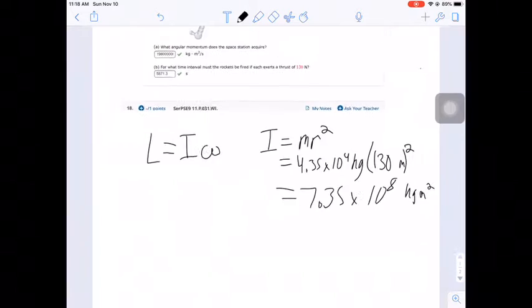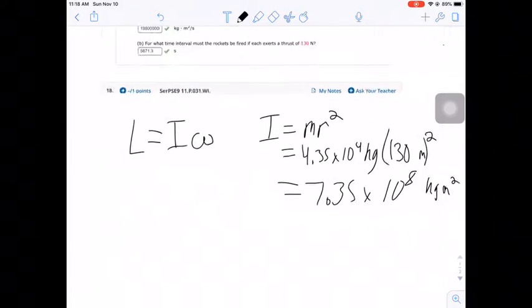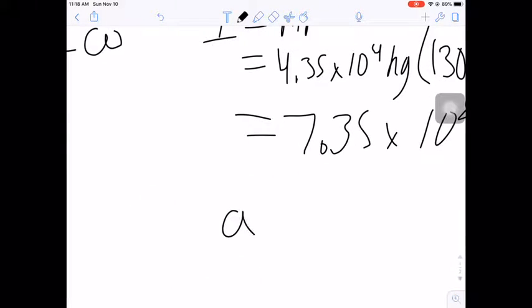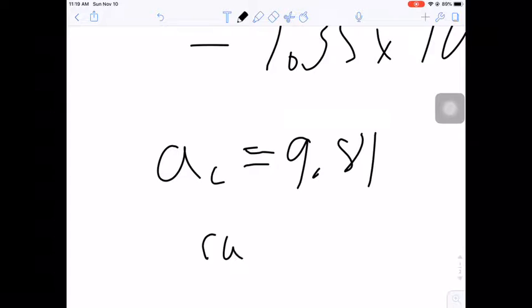And then for the angular velocity, we know that the centripetal acceleration it gives us was equal to g, so 9.81. So we can say that r times angular velocity squared is equal to the centripetal acceleration, 9.81.